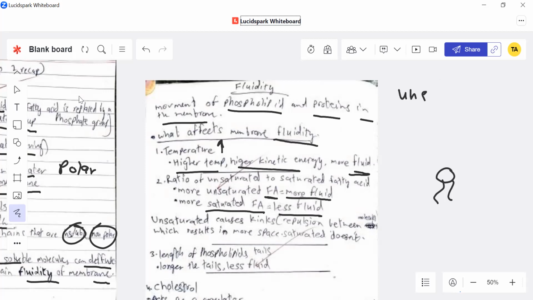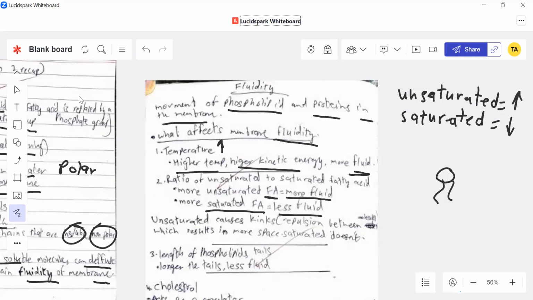So unsaturated means fluidity is more. But if you want to decrease the fluidity, then you would have to increase the saturated fatty acid.